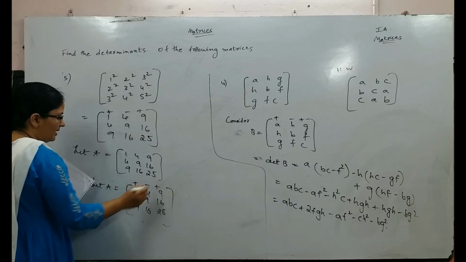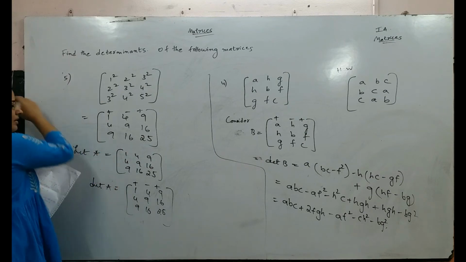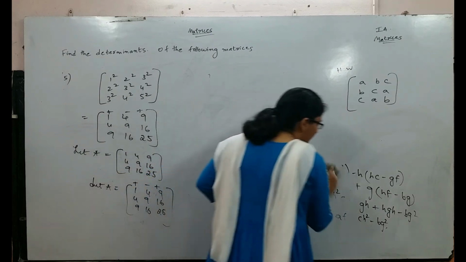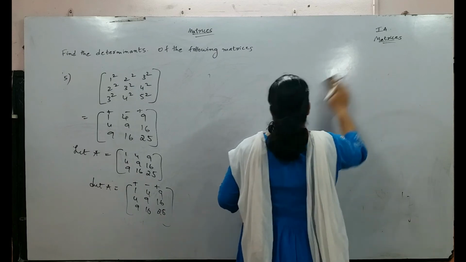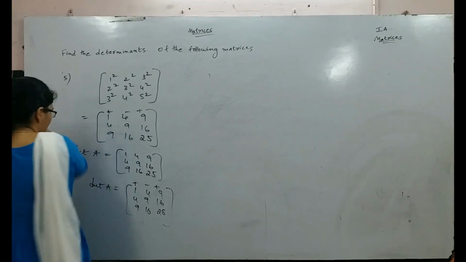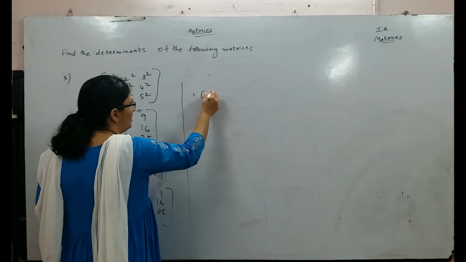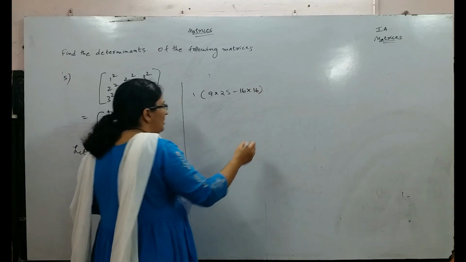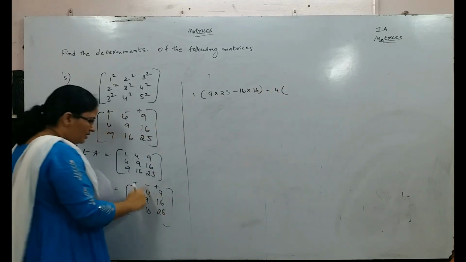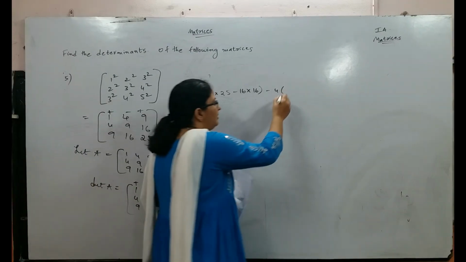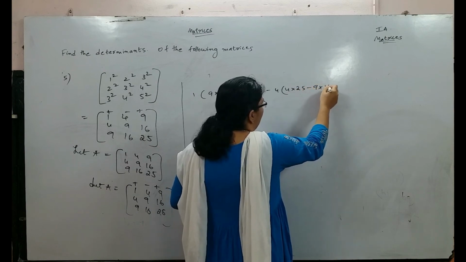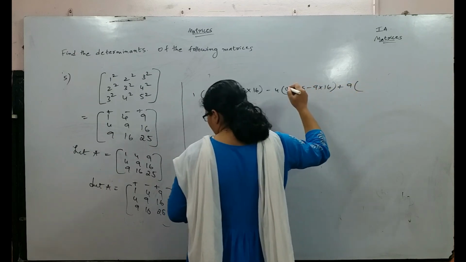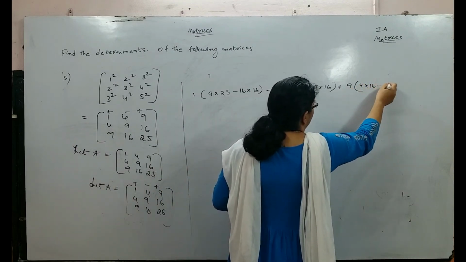Put plus, minus, plus. So that will be 1 into 9 into 25 minus 16 into 16, minus 4 into, close this column, close this row, 4 into 25 minus 9 into 16, plus 9 into 4 into 16 minus 9 into 9.